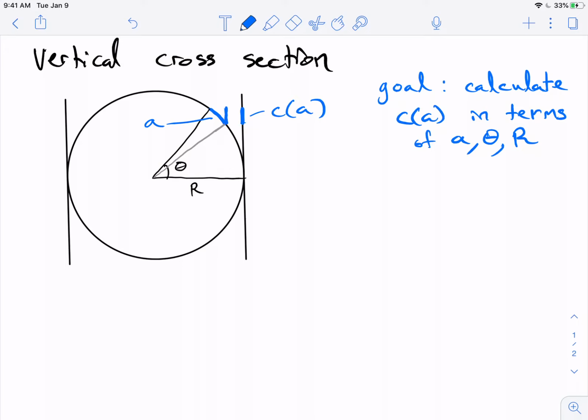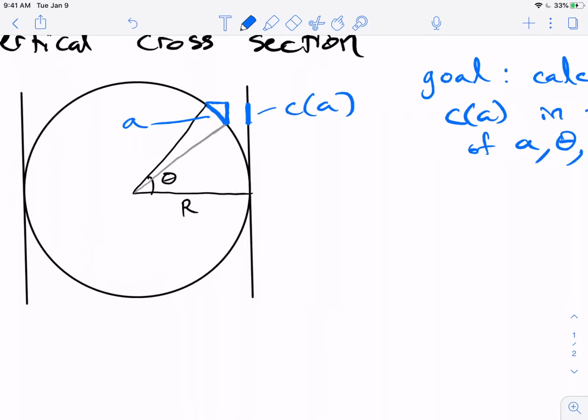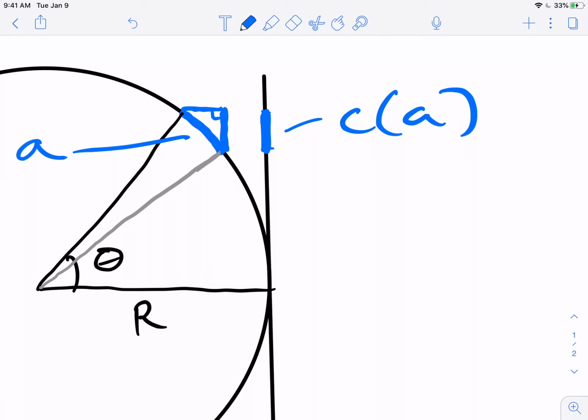It's not quite a triangle because this curve on the sphere is extrinsically not straight, but we're just doing an approximation, so it's approximately straight. And so this is approximately a triangle. Its hypotenuse has length A, and this side here has length C of A. Also, it is a right triangle.